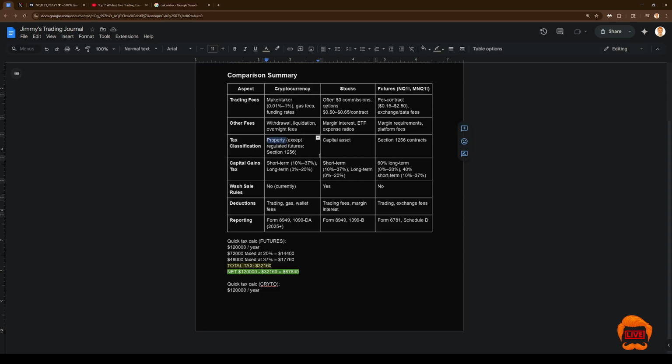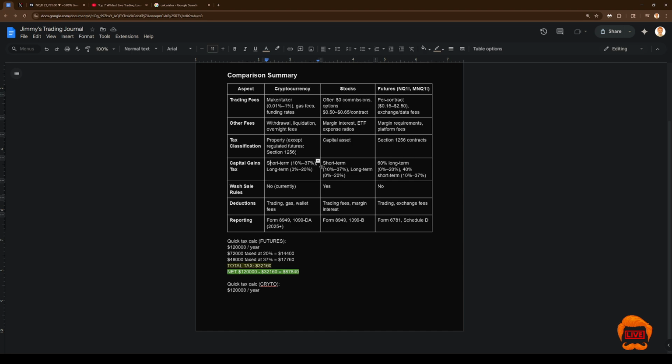So if it's taxed as property, and there'll be a capital gains tax. I think there's something to this, more tax-wise. We'll ignore that for now.